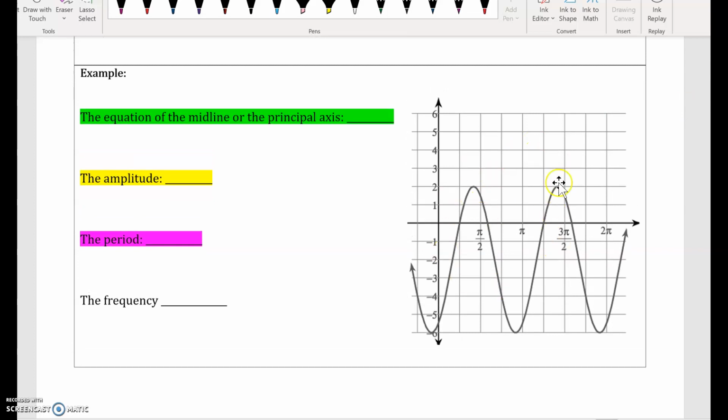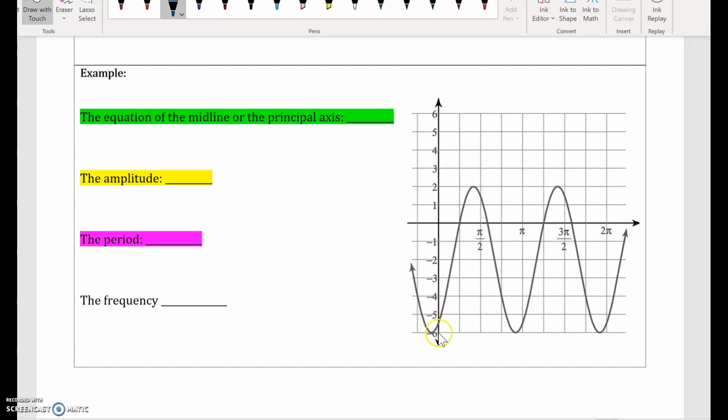So here's a graph of a sinusoidal function, and we'll talk about specifics of sinusoidal functions in the next few lessons. But let's look at this and determine where the midline is. First, to determine the amplitude, period, and frequency, the midline is important, so we're going to determine that first. Let's look at the lowest point and the highest point.